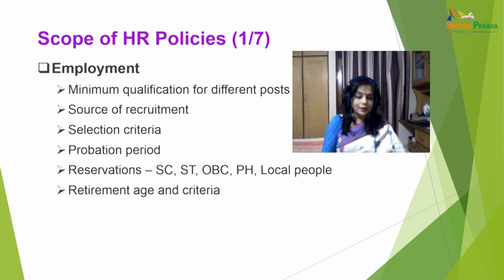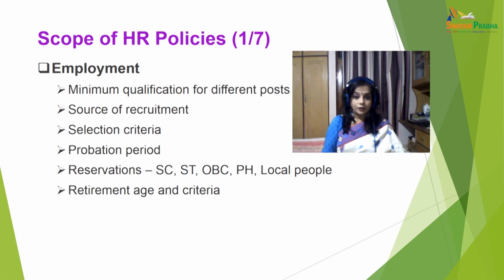So what selection procedure is suitable for your organization will be there in your employment policy. Then the probation period. How much will the probation period be? Generally it is 1 year or 2 years, and after that the employee may become permanent. The circumstances in which the probation period may be increased are also mentioned in advance. So all these things will be mentioned in the employment policy.